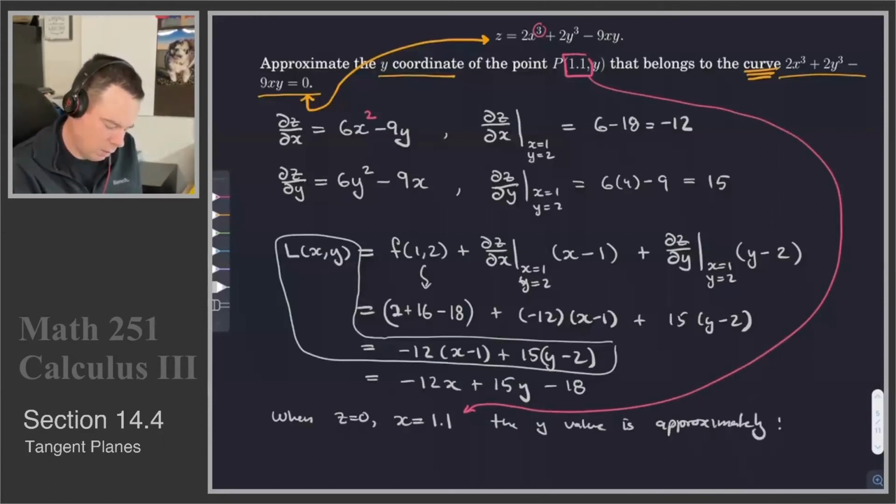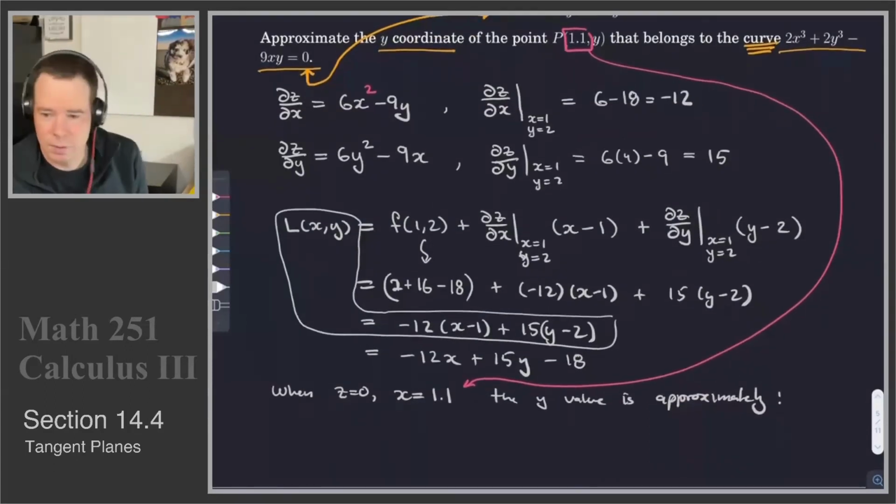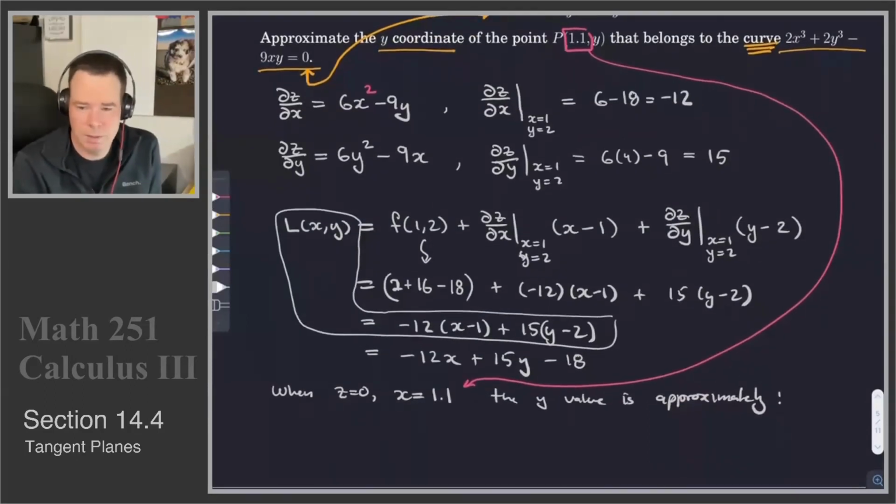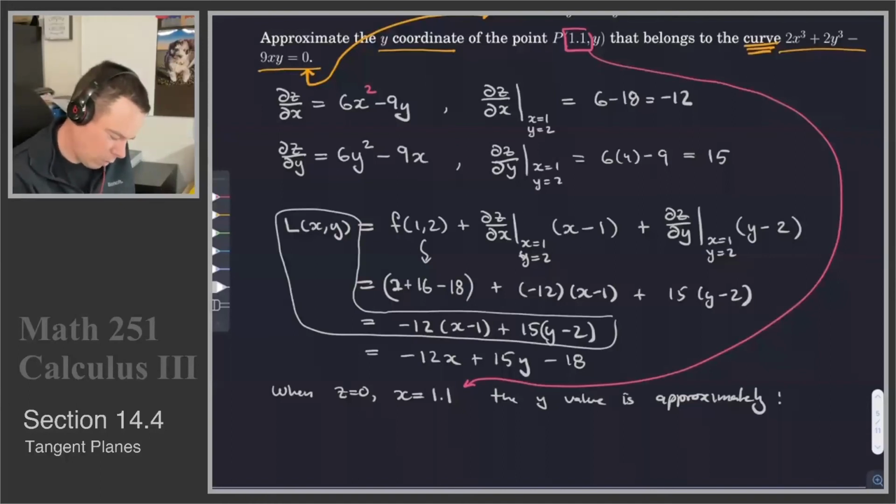well, what is it? We've got our surface is best approximated by this plane. And so that curve is going to be best approximated by this plane where it intersects the xy plane. So when z is equal to 0. So that means the y value is approximately given by the solution to this. When the linearization, the L of x, y, has a z value of 0, that's negative 12 times 1.1 minus 1 plus 15 times y minus 2.